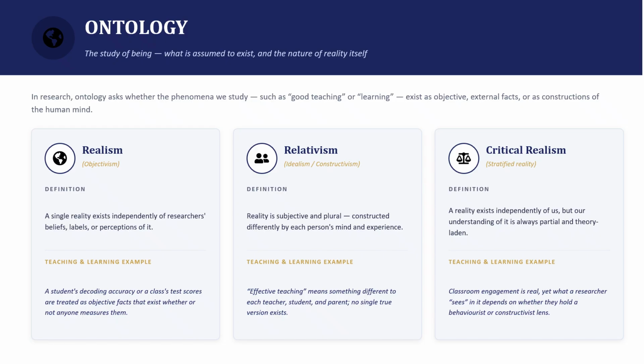And when it comes to relativism, that is the opposite of realism. There can be several or many realities of the phenomena that you are going to study. It doesn't mean that there's only one reality. There can be a few realities or several realities.